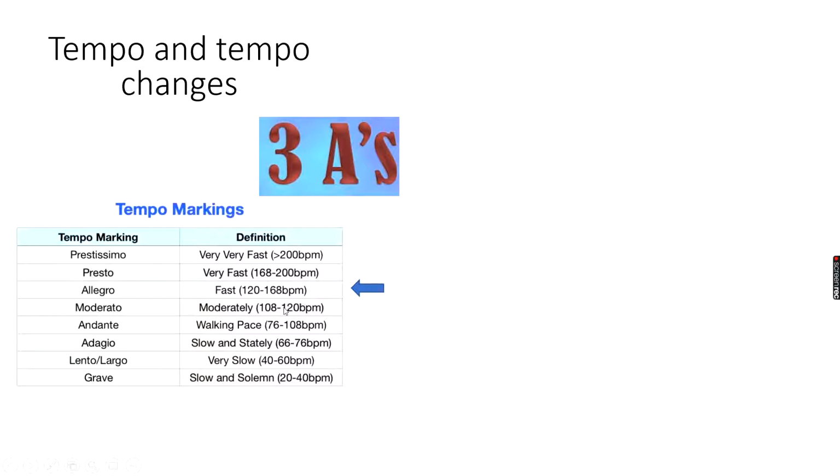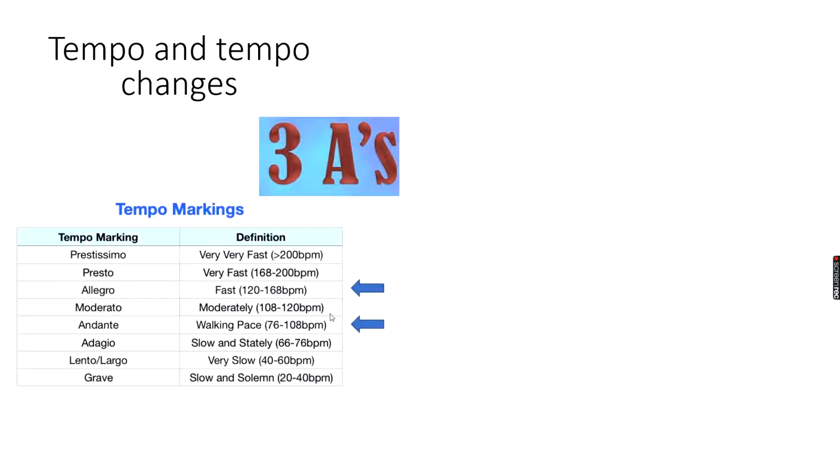So it's very similar to hearts as well. The beats per minute is 120 to 168. Now there's a massive difference in terms of the speed there. So if we remember a piece of music is fast and it is allegro, or the pulse is going at a faster pace, we're in allegro town.